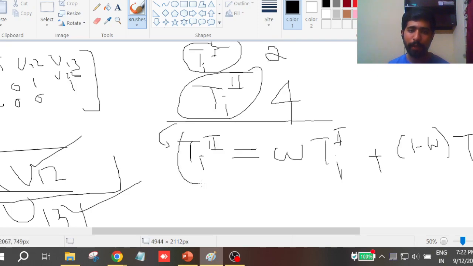Now the updated value of Ti at the second iteration, if W is equal to 0.5, will become 0.5 into 4 plus 0.5 into 2, so that will become 2 plus 1, that is 3. You will come somewhere in between 2 and 4. You will not directly jump to 4. So this is called under relaxation.